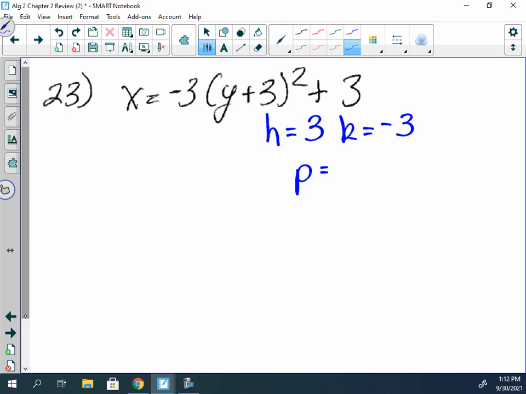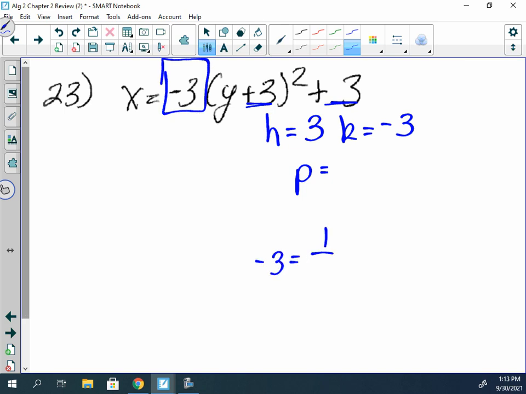Because again, inside the parentheses, since it's x equals, it's y minus K. So the K value is inside the parentheses, H is outside. That is one thing to be paying attention to, especially when doing the test or the homework 2.4.